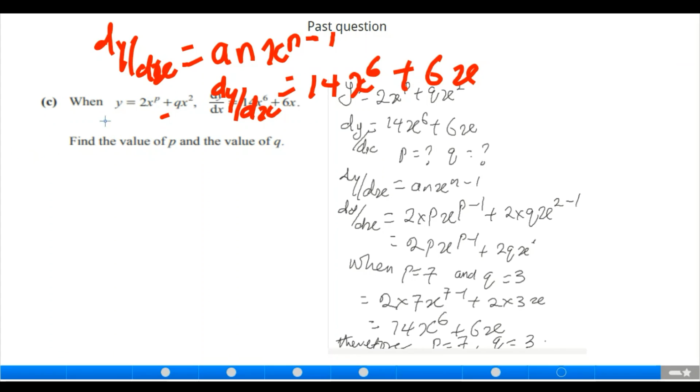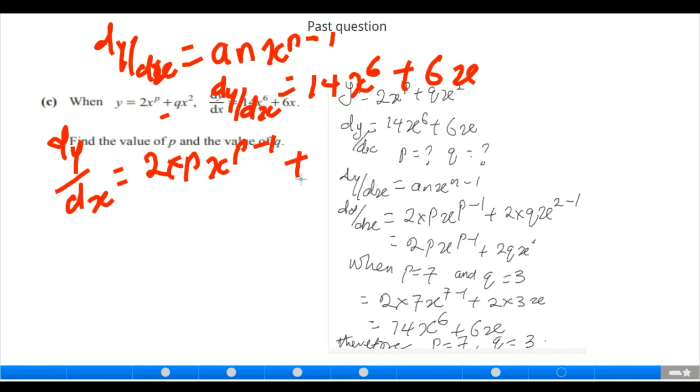So if you differentiate y with respect to x now, the first term is going to be 2 multiplied by p, x^(p-1), isn't it? Plus q multiplied by 2x^(2-1).